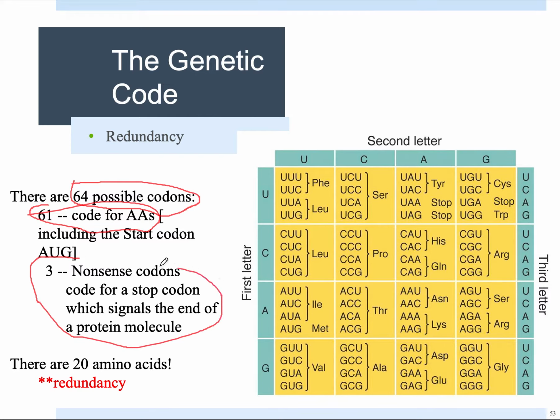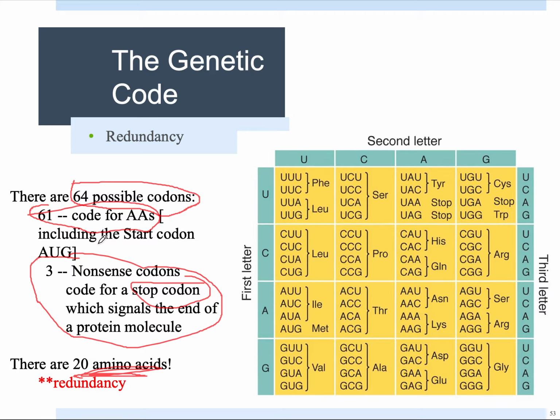We call them nonsense codons because once they are read, it results in a stop. Okay. So there is something going on here. We only have 20 amino acids. Why do we need 64, or more specifically 61, different combinations to synthesize them?